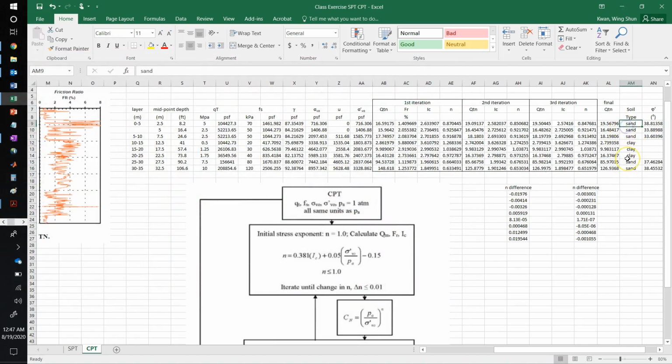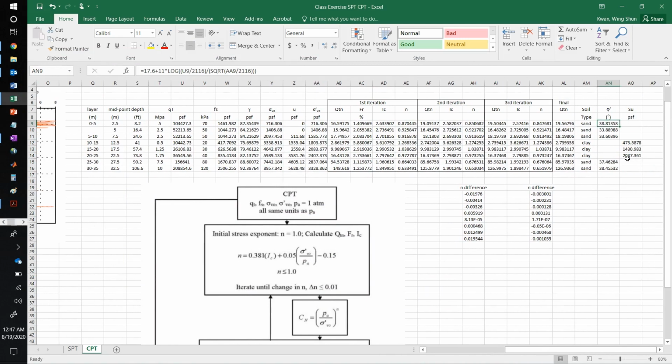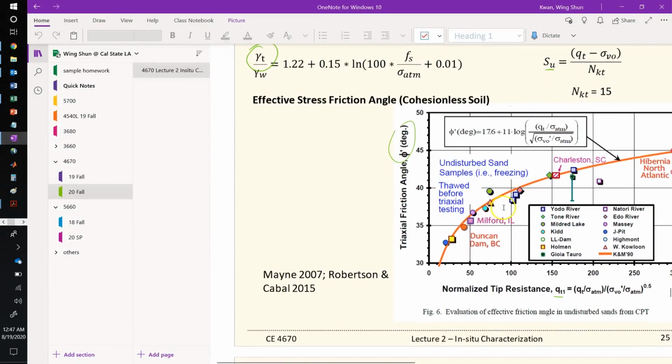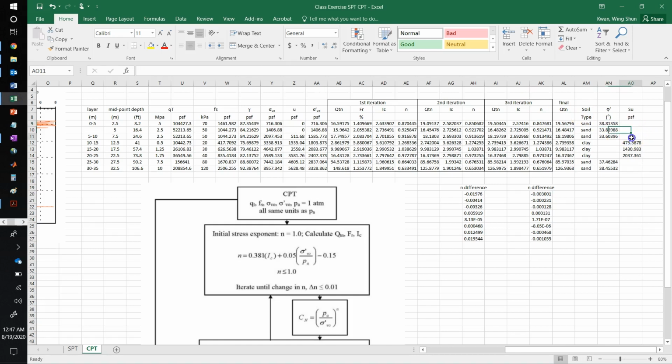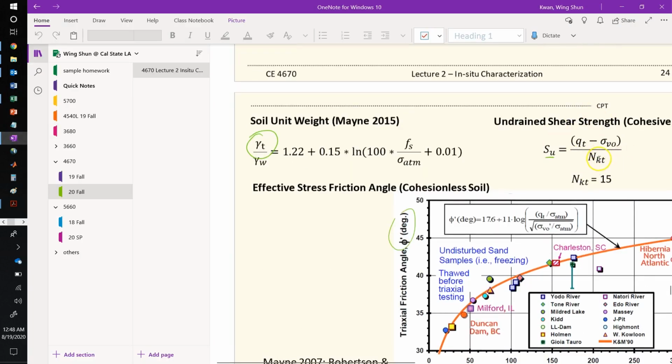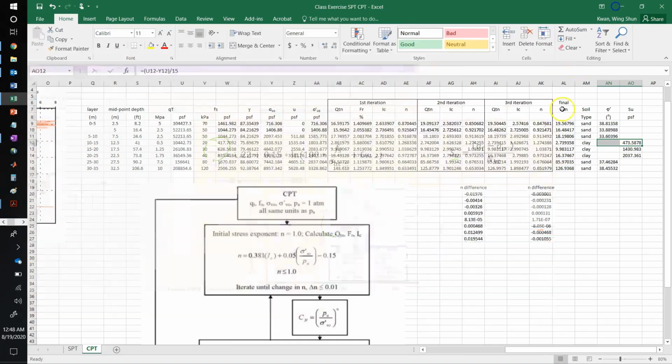If this is a sand material, then I will calculate friction angles according to the correlations given here. And if this is a clay material, then I can calculate the undrained shear strength based on these equations. So this is how I find out my parameters.